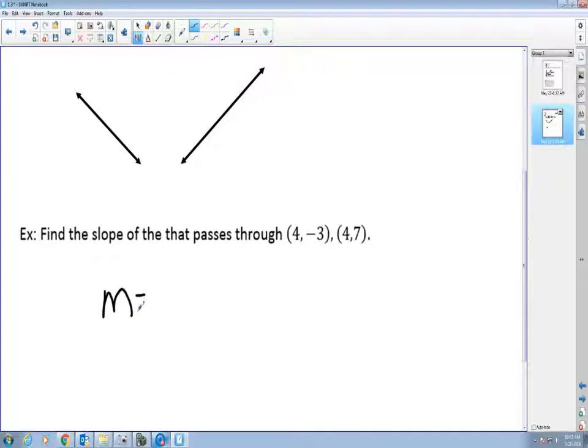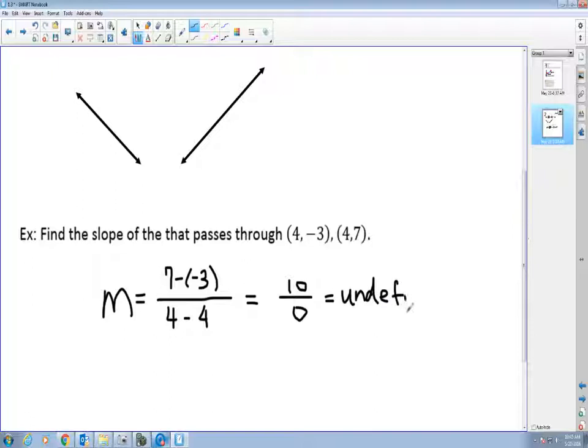But if I just take y2, 7, minus y1, which is subtracting a negative 3, over x2 minus x1, which is 4 minus 4, this will give me 10 over 0. Any number divided by 0 is undefined. So a vertical line has an undefined slope.